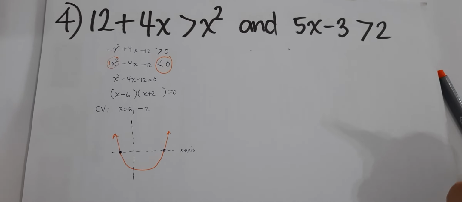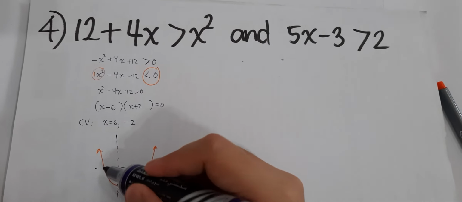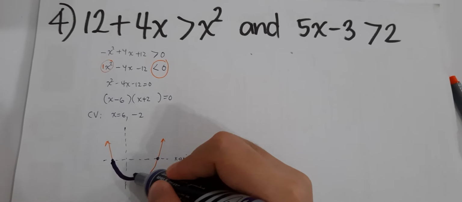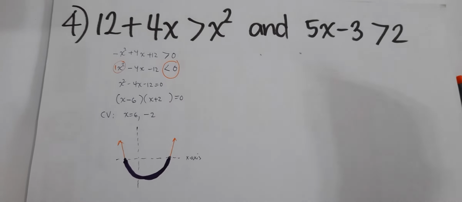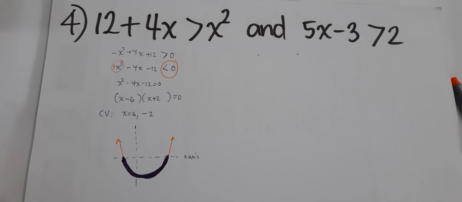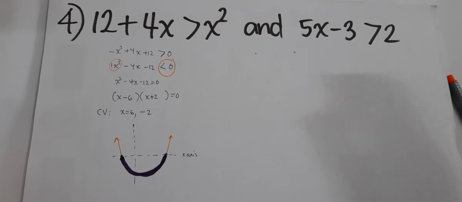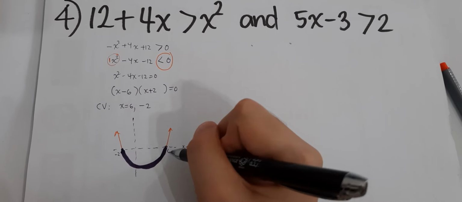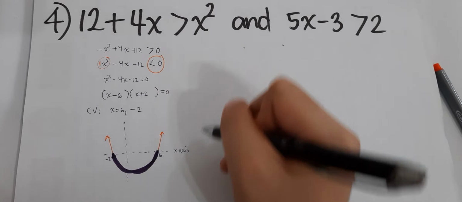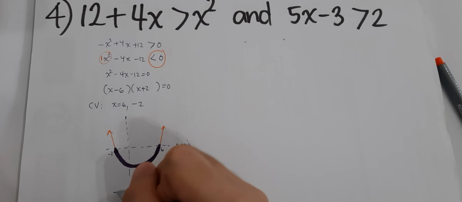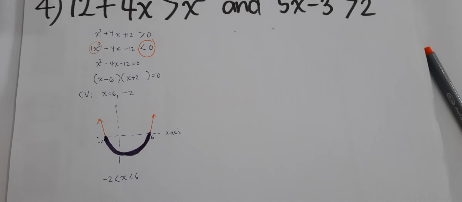Less than 0 is below the x-axis. So I want this one, which is from minus 2 to 6.